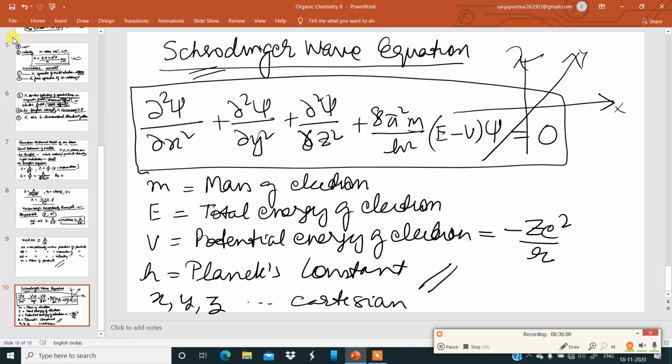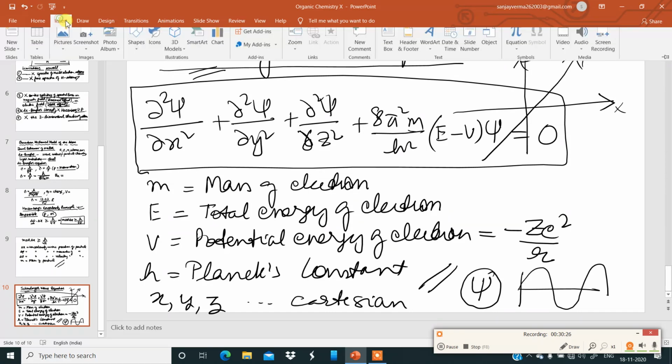And this symbol psi is a wave function which represents the amplitude of the electron. Now, what is the significance of psi? Let us see.